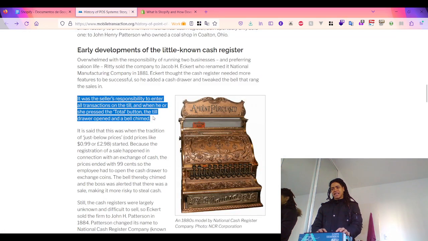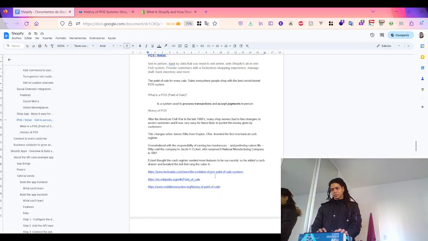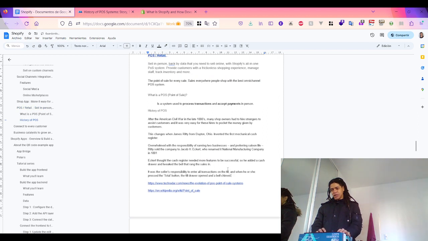It was the seller's responsibility to enter all transactions on the till, and when he or she pressed the total button, the till drawer opened and the bell chimed.